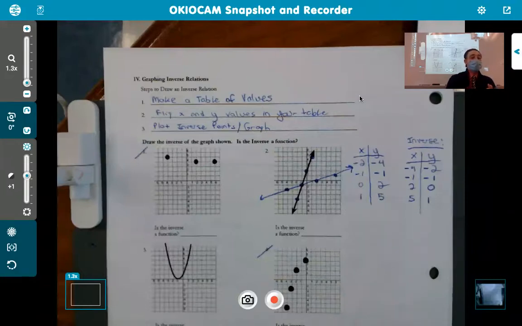Are there any questions about that process? So that's how, if you're given a graph, you would draw the inverse. Any questions at all?